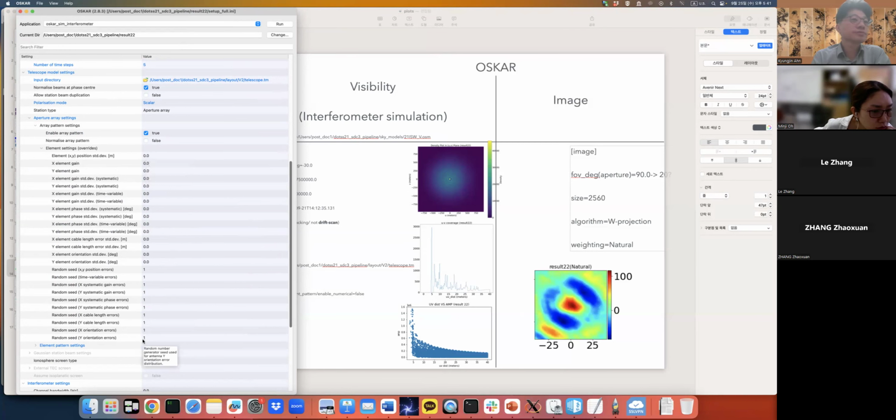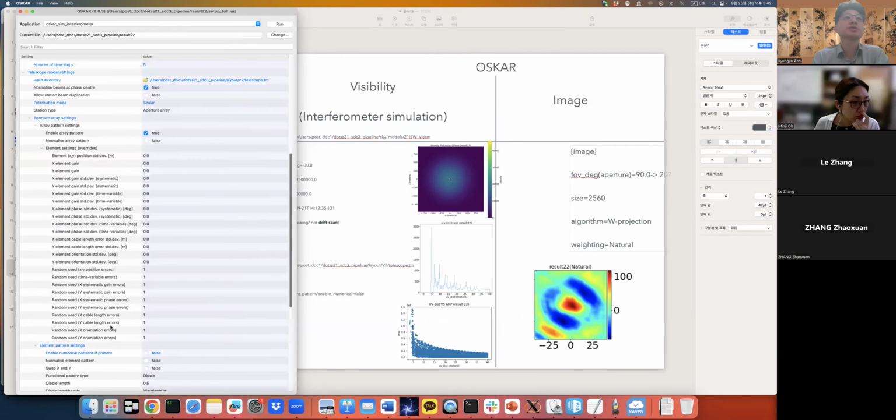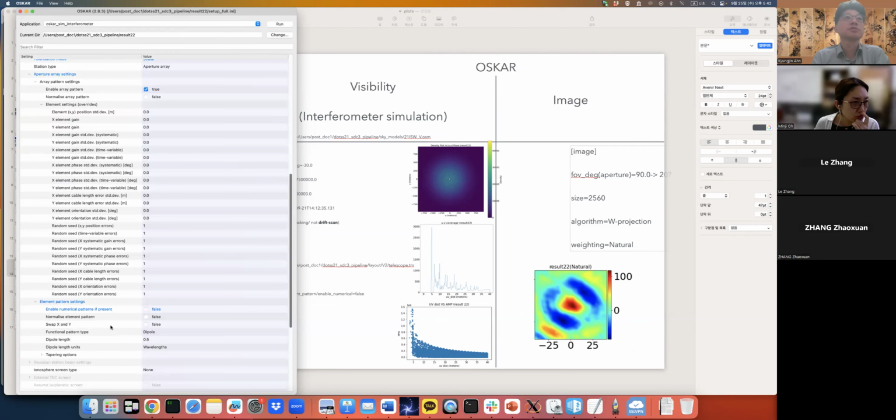The gain error, x element, standard deviation. I think this is the first thing we can ask Kath, because we have to input the beam made by several antenna arrays, because we are forming the small baseline, right?